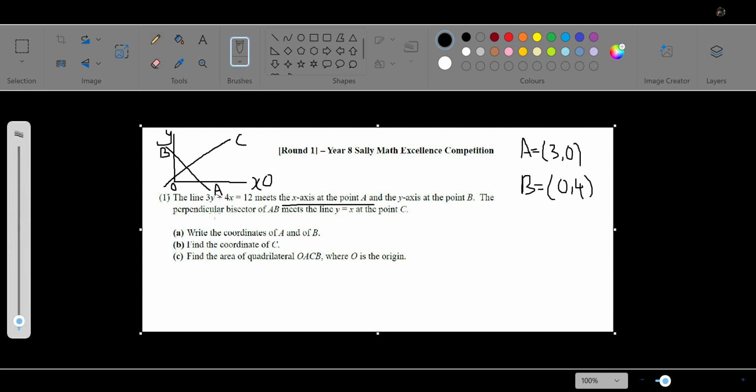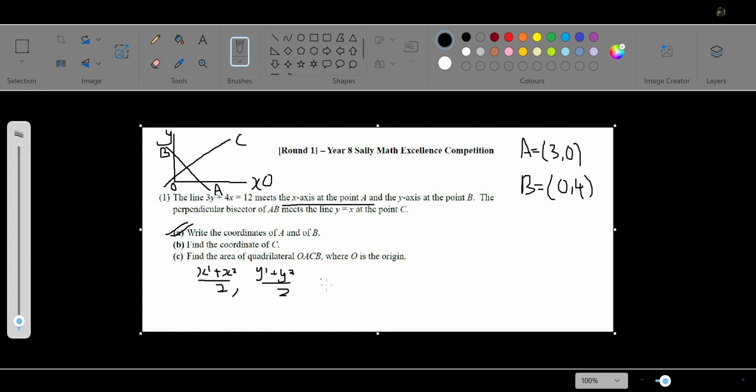After you have found A and B, you have to find the coordinates of C, which is quite hard, so I'll show you step by step. You have to find the midpoint of AB first because it's the perpendicular bisector. The midpoint equation is (x1 + x2) divided by 2, and (y1 + y2) divided by 2.